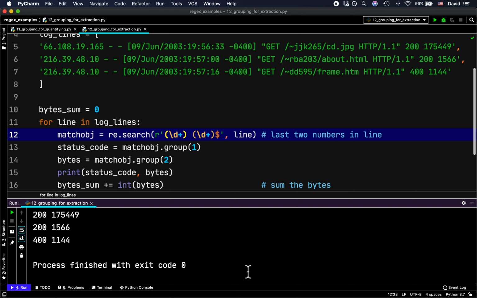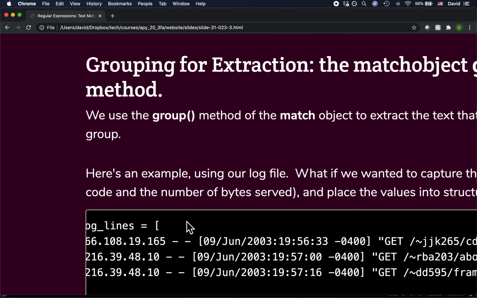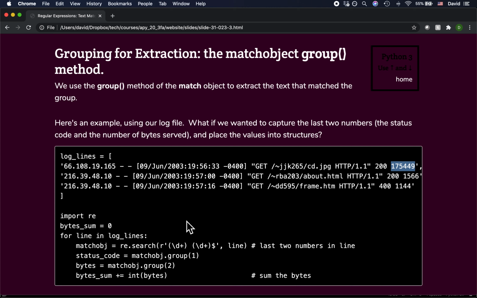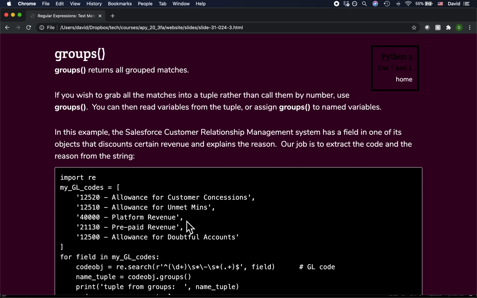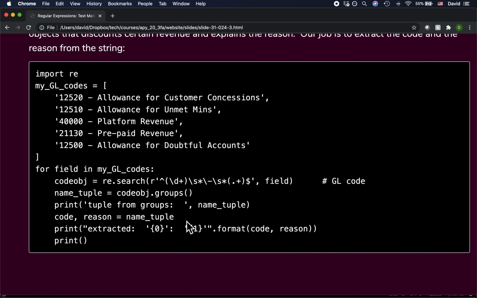So this is the third use of extraction for regular expressions. This means that we can go through any text at all and extract any text that matches that pattern. Groups is similar. Groups will give us a list of the groups.